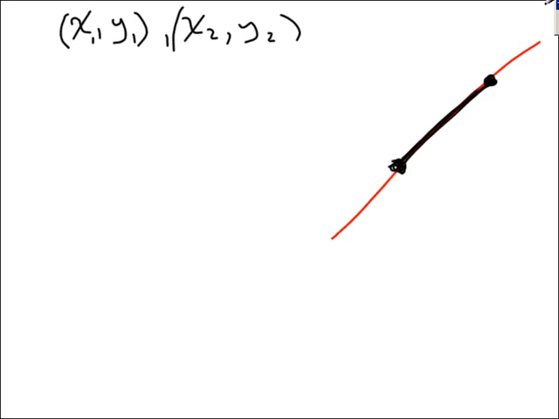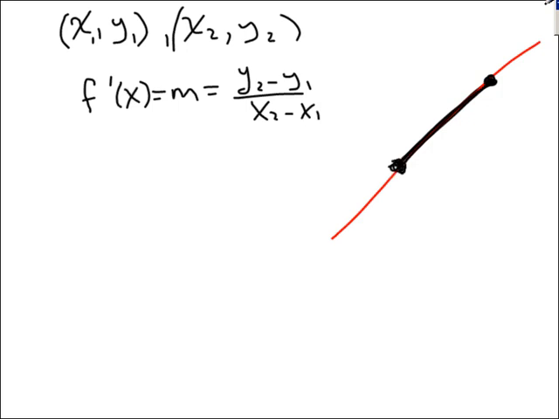Now, we know that when it comes to a straight line, the derivative is the slope. And the slope of our line is y2 minus y1 over x2 minus x1.